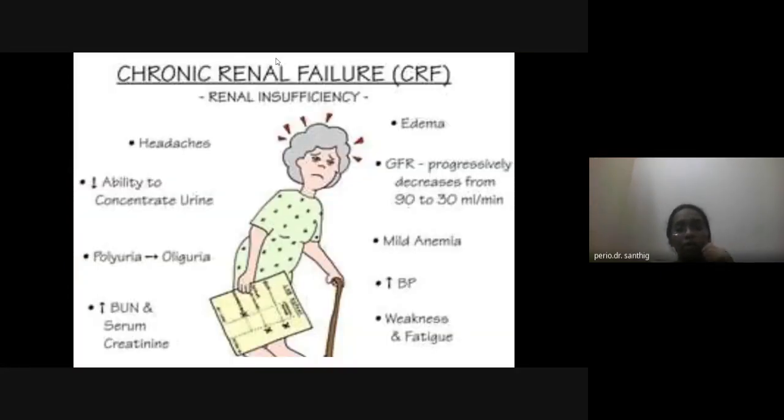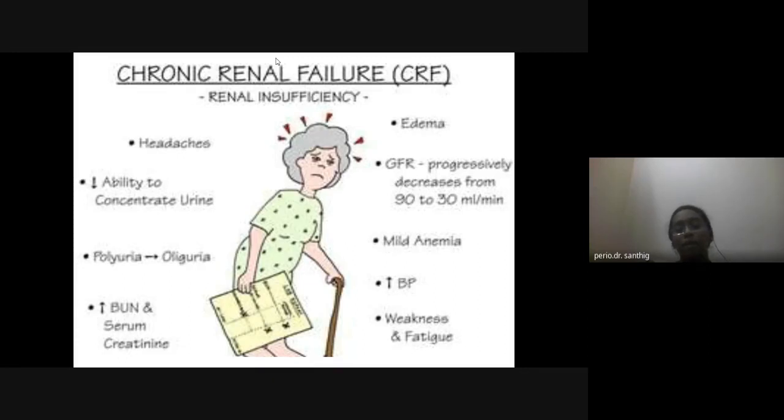In chronic renal failure or renal insufficiency, patients will suffer with headaches, decreased ability to concentrate urine, polyuria and oliguria, increased blood urea nitrogen levels and serum creatinine levels, and edema.